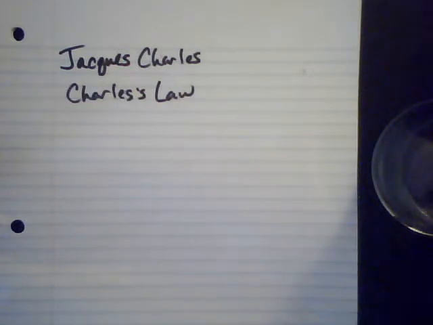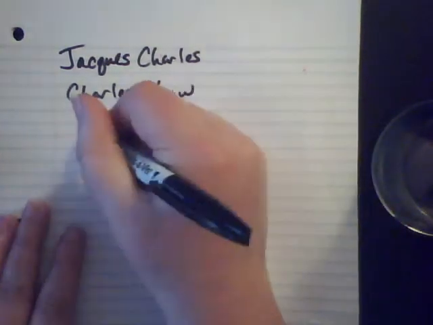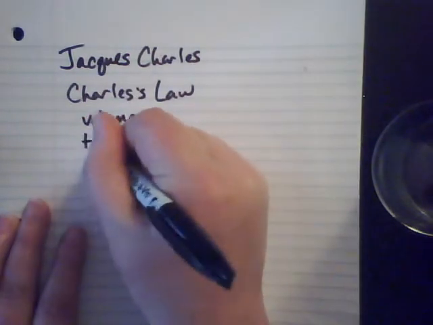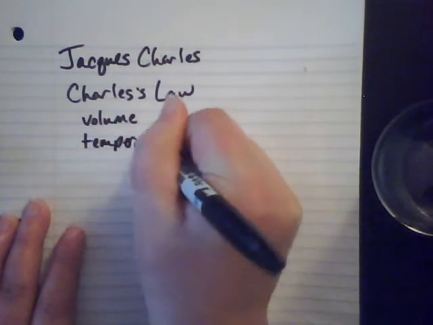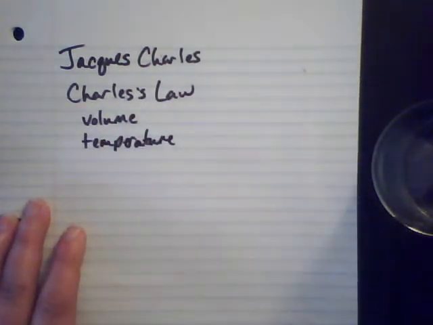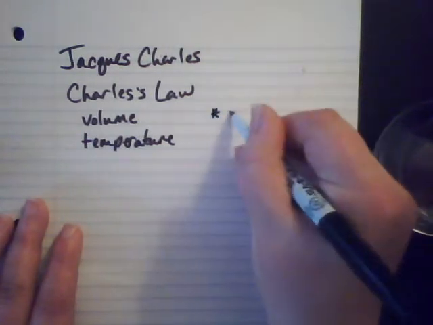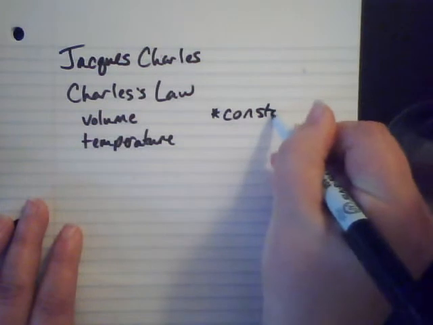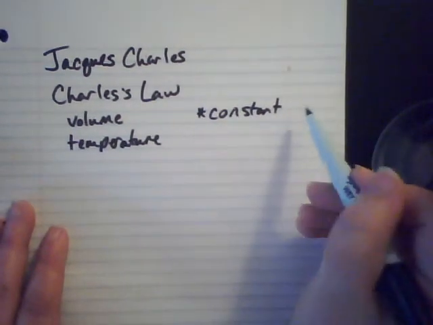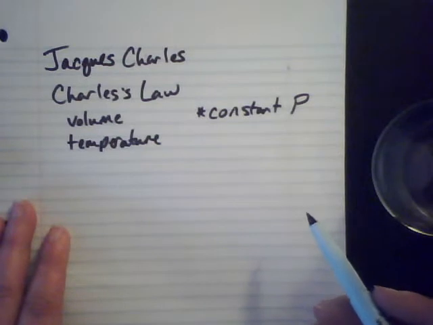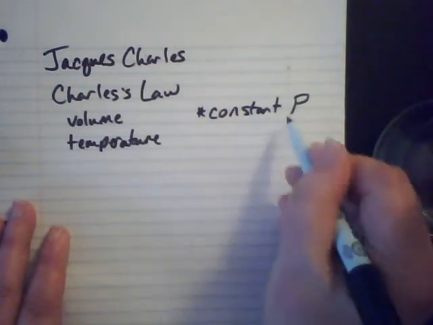And so for Jacques Charles, he was looking at the volume of the gas, so how much space it takes up, and what impact the temperature has on that. Now, if he's, again, only looking at two variables, then he has to be keeping two of them constant. So in his case, he's keeping a constant pressure now. I'm going to do P for pressure. And then also, just like with Boyle, a constant number of particles.